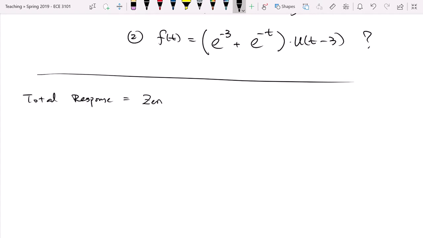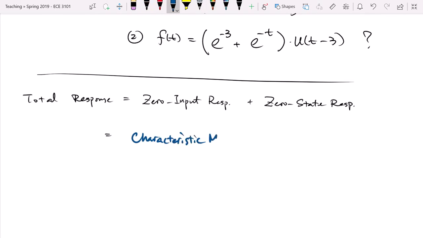So the total response of a linear time invariant system, combining what we have discussed, is the zero input response plus the zero state response. Now, the zero input response can only appear in the characteristic modes.